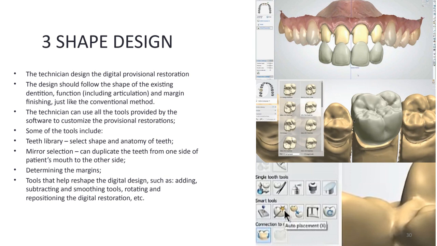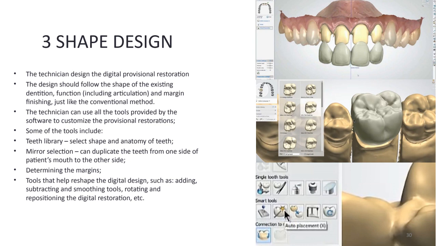So let's say a patient has worn out teeth, so the patient doesn't have too much anatomy, right? We can look into the library and find teeth that don't have too much anatomy, so we can very easily match what the patient has.